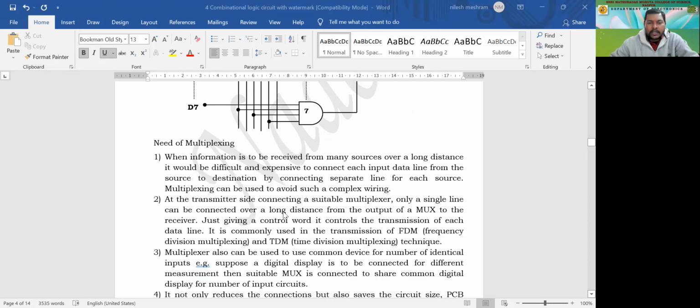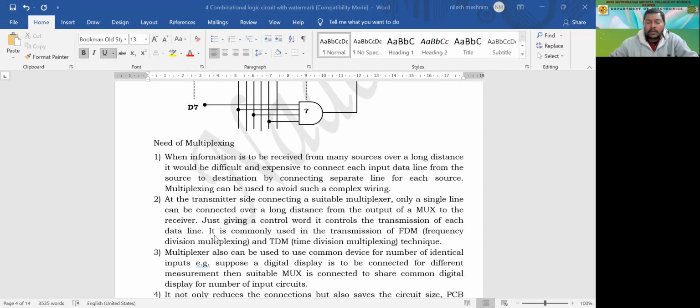Then at the transmitter side, by connecting a suitable multiplexer, only a single line needs to be connected over a long distance from the output of the mux to the receiver. Now you know that we have landline phones, right? These landline phones connect many inputs into a particular point, and they are transferred to a larger distance, say up to Birdie.